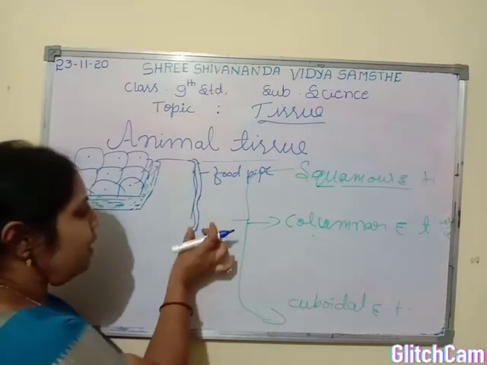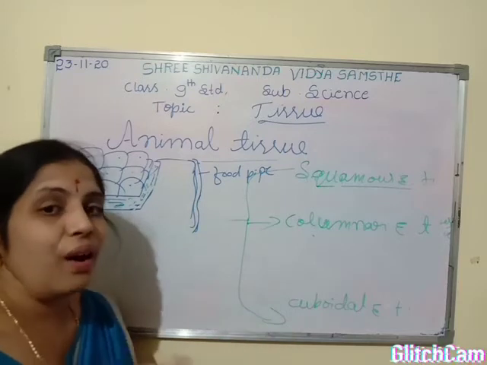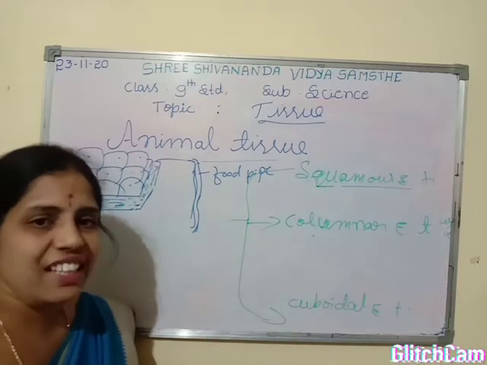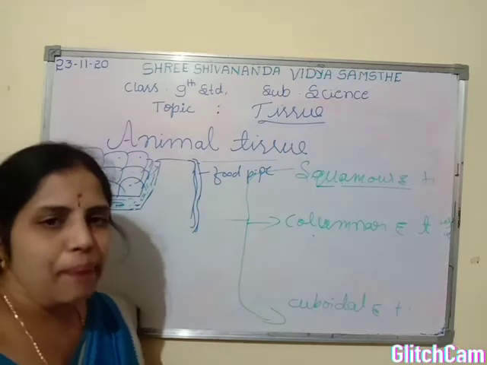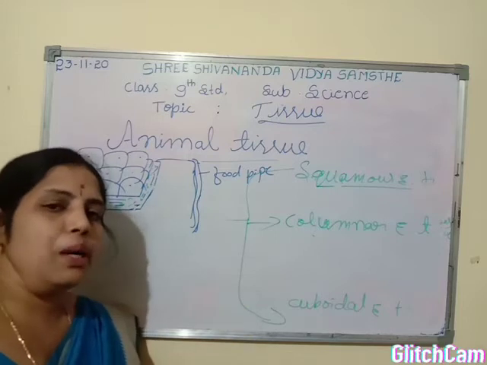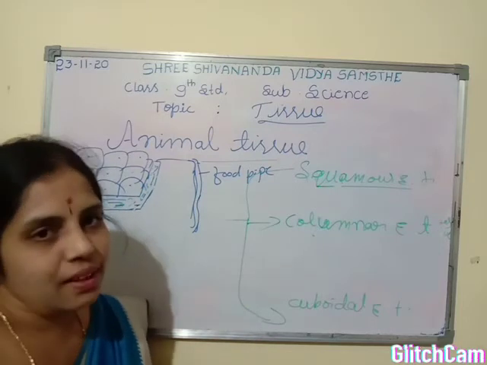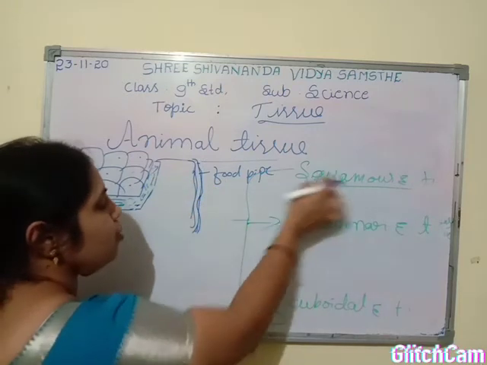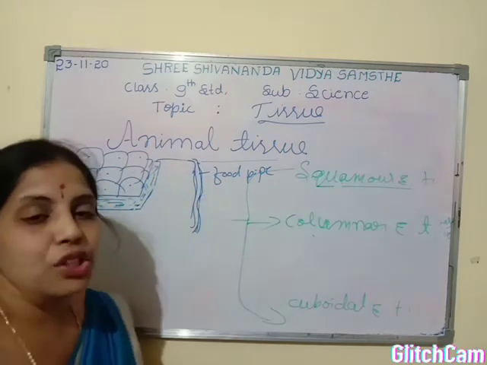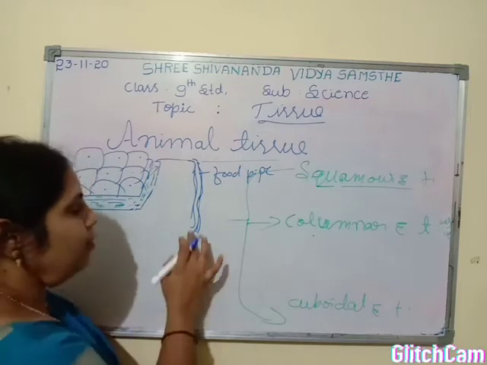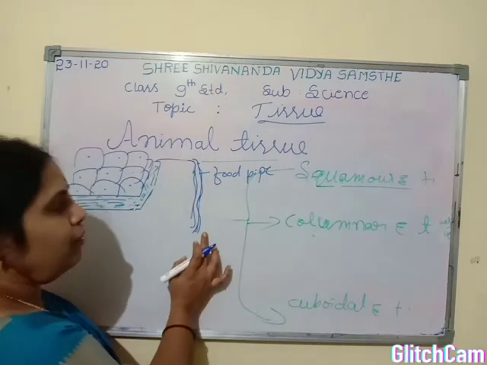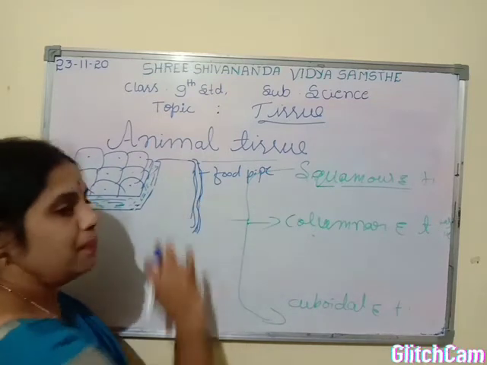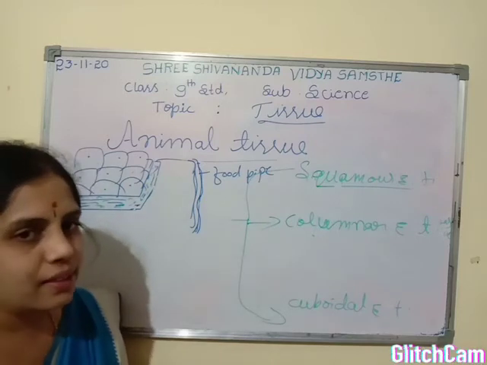This esophagus is a muscular organ, so it should be flexible. It is just like a pipe made up of some kind of muscles. The outer lining of the food pipe is made up of squamous epithelial tissue. Why is it like this?